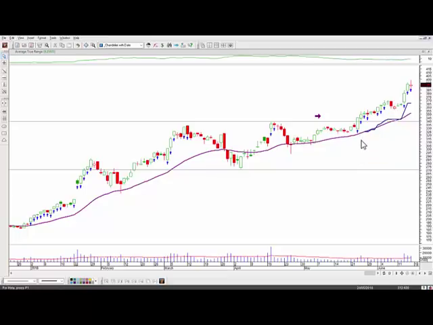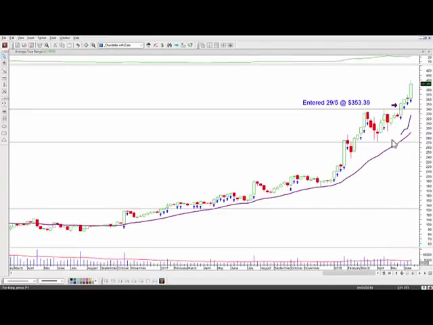That uptrend was continuing. So the signals were there, and my trading system also gave me signals, and that share has moved nicely higher, and so has my stop loss. So this is a weekly trade, so I use a weekly stop loss on this one. And it's heading up near $400 now, so it could break into the next $100 level.